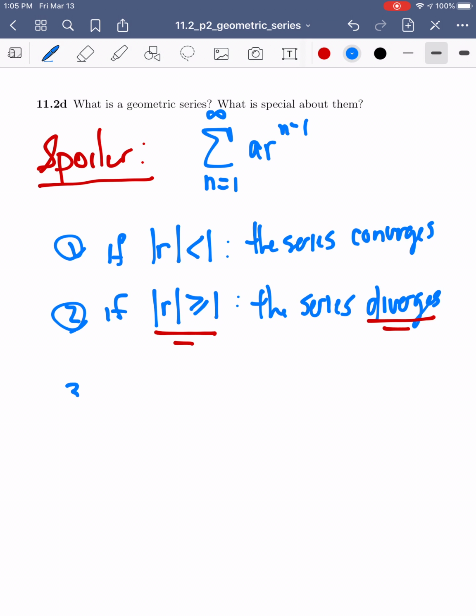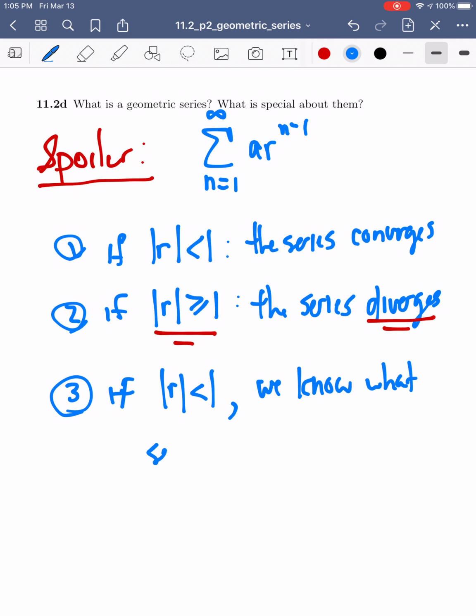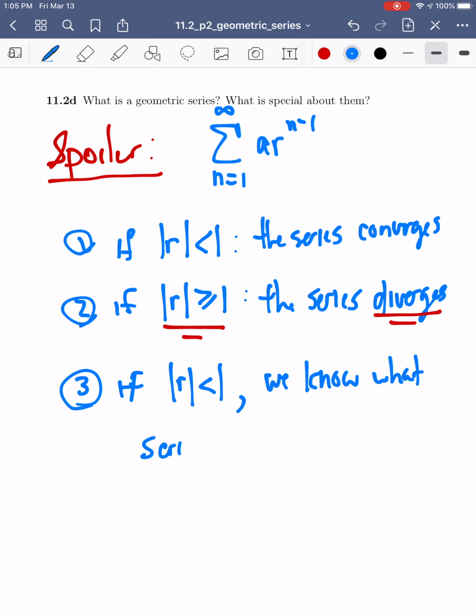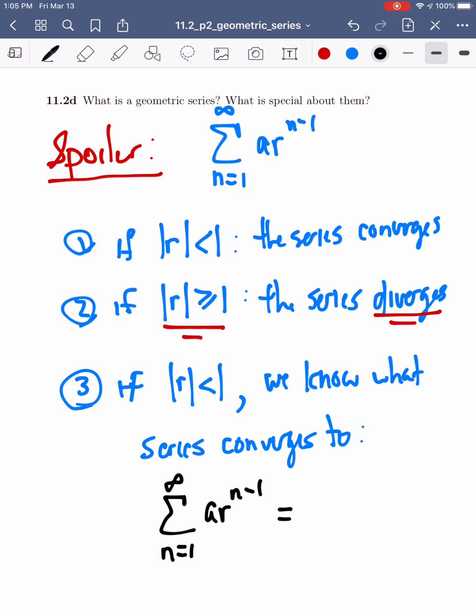And the third thing that's particularly interesting is if that common ratio r is less than 1, the series converges, and we know what it converges to. Interestingly enough, what the geometric series converges to in this case is the following ratio.